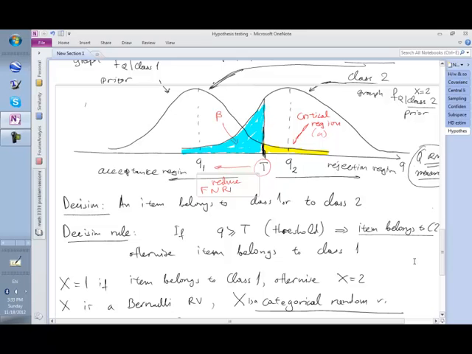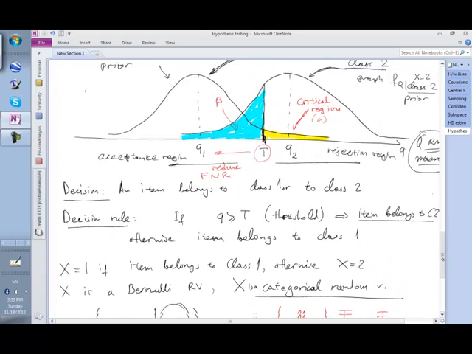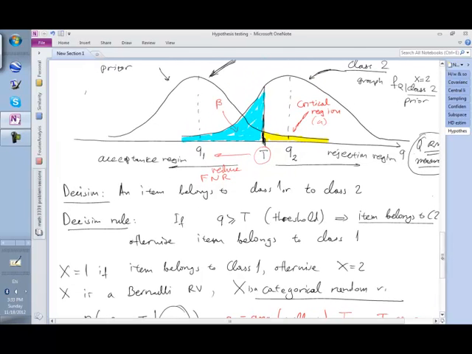Now, the type 1 and type 2 errors, or the false negative rate and the false positive rate, you can make one bigger, you can make the other smaller, you can play by just moving the threshold T to the left or to the right. If you move the threshold T to the right, you will make the false positive rate smaller, but you will increase the false negative rate a lot.